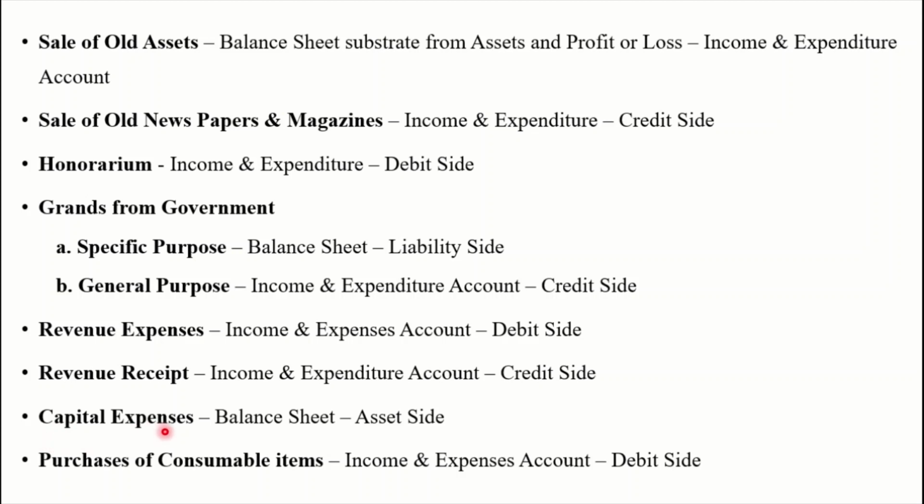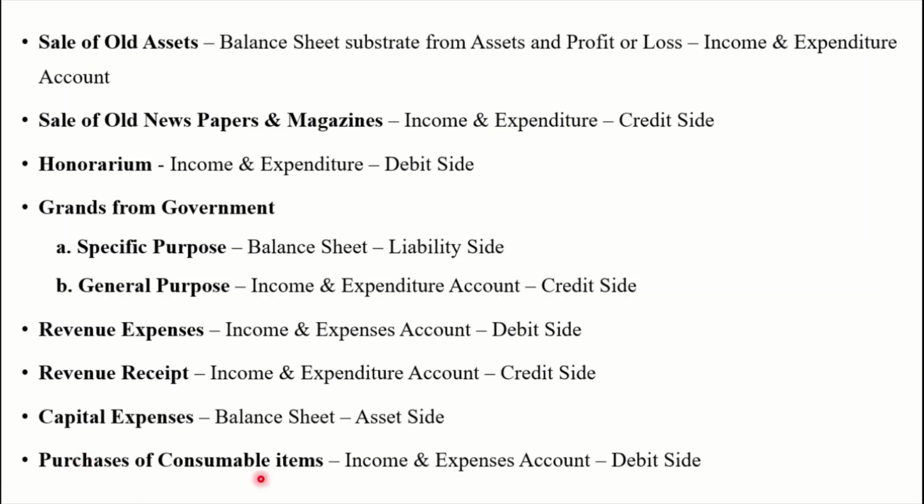Capital expenses are non-recurring in nature, and we always record them on the balance sheet asset side. Remember, recurring items we record in the income and expenditure account, and non-recurring items we record on the balance sheet asset side.